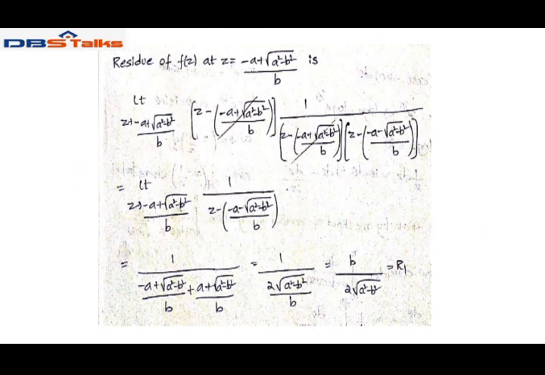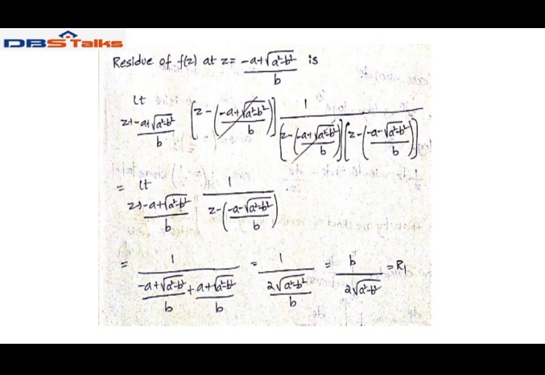Next, to find the residue of f of z at the pole inside the circle, the pole is minus a plus root of a square minus b square by b. The formula is limit z tends to a, z minus a into f of z. Here a is minus a plus root of a square minus b square by b.